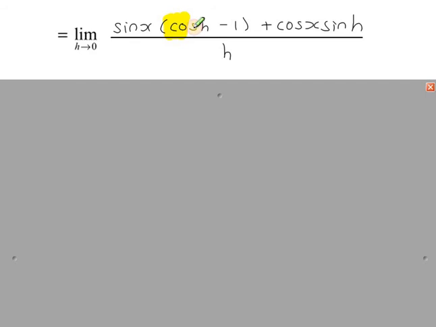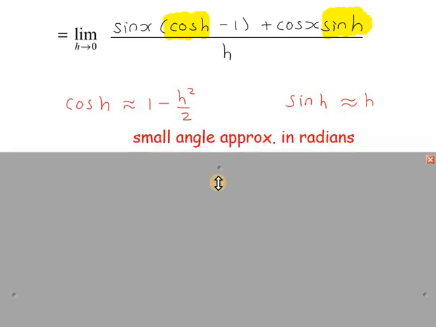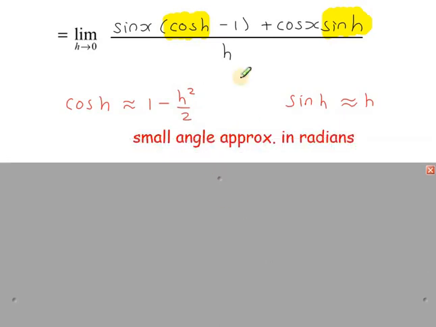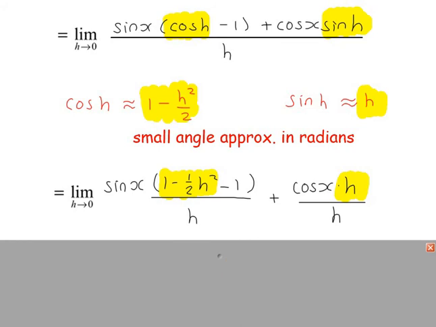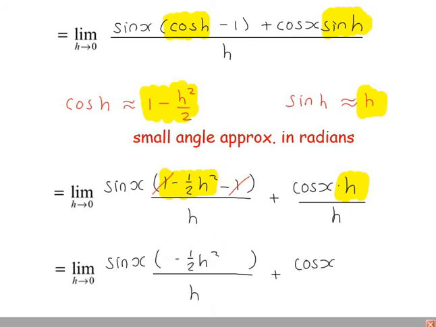Okay, so I can use a small angle approximation for sine h and cos h, like this. So if I replace the cos h with 1 minus h squared over 2, and replace sine h with h, we get these. We can simplify, the ones will cancel, and then we've got this, because the h from there and there will cancel, and remember cos x and that h are separate.